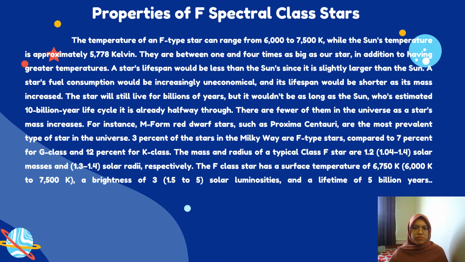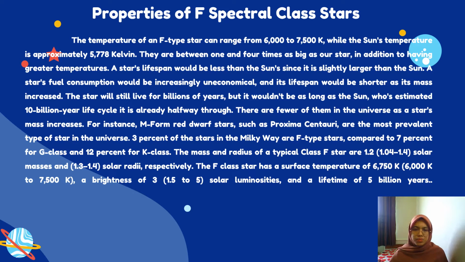Properties of F-spectral clusters. The temperature of an F-type star can range from 6,000 to 7,500 Kelvin, while the Sun's temperature is approximately 5,778 Kelvin. They are between 1 and 1.4 times as big as our star, in addition to having greater temperatures.